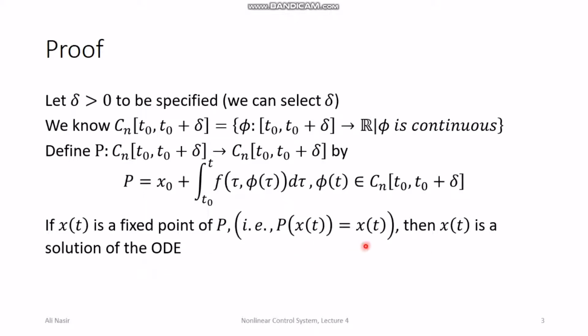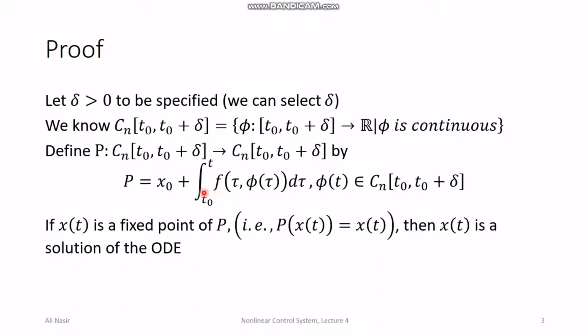We can see that from the definition of P. If x of t is equal to this whole thing with phi of t replaced by x of t, then definitely x of t would be the solution of the differential equation that we have discussed in the previous lectures. So this is the purpose of defining P in this way.